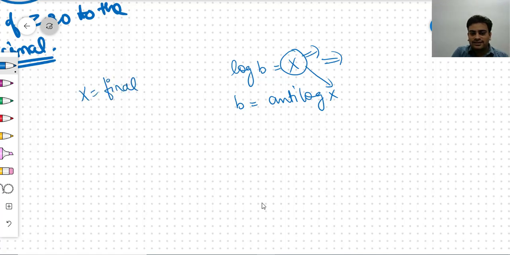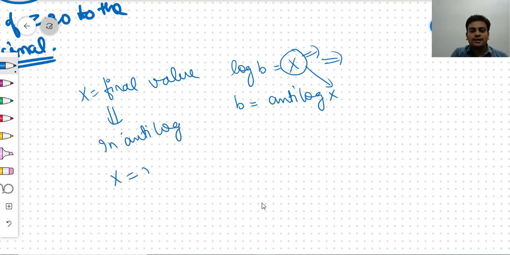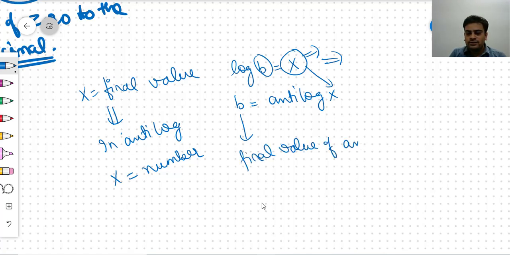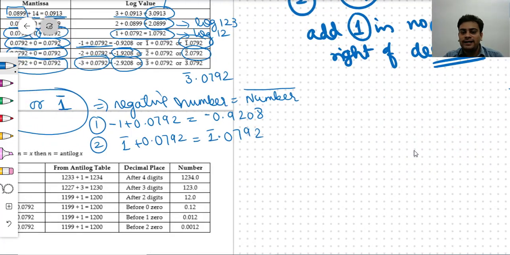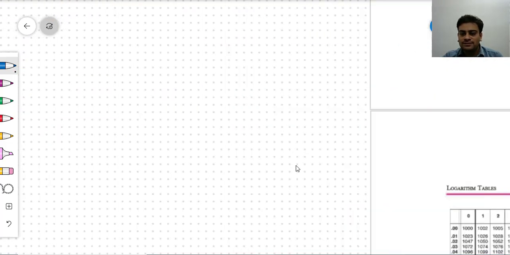In the log case, x is my final value, but in anti-log, x is my number. And in this case, b is my number, but here it is my final value of log, or you can say the final value of anti-log. Clear?